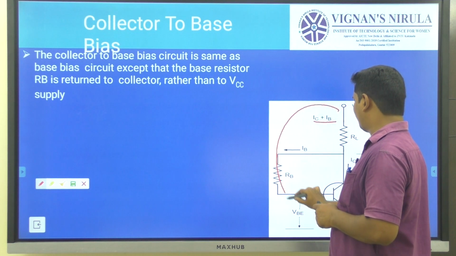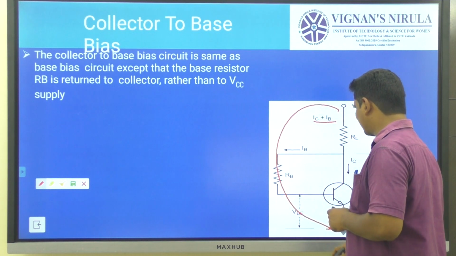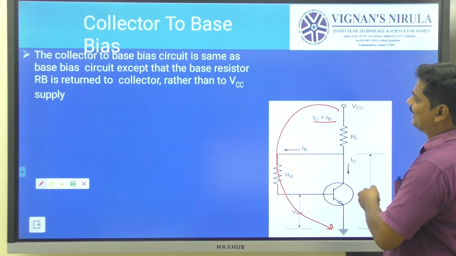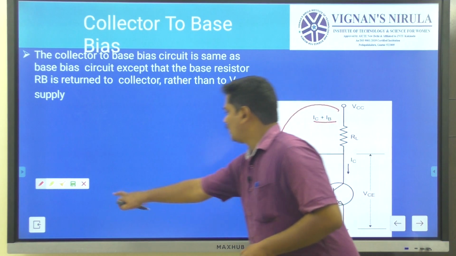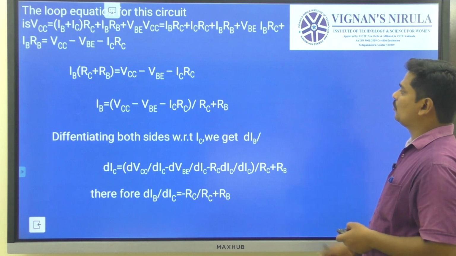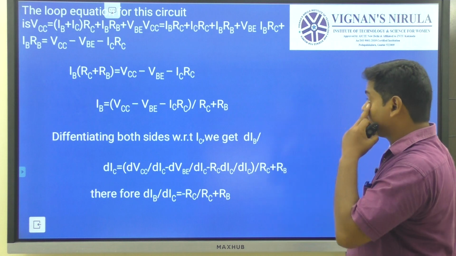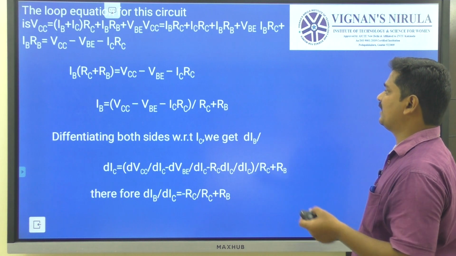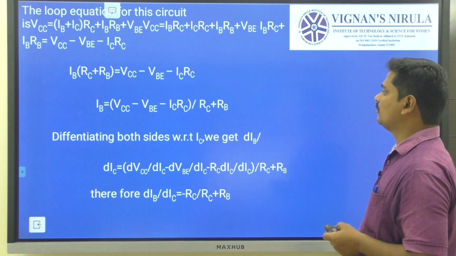The flow of current is represented like this, and this is the voltage across VBE. From this input side, if you apply the KVL, then we can write VCC equal to (IB plus IC) into RC plus IB into RB plus VBE.